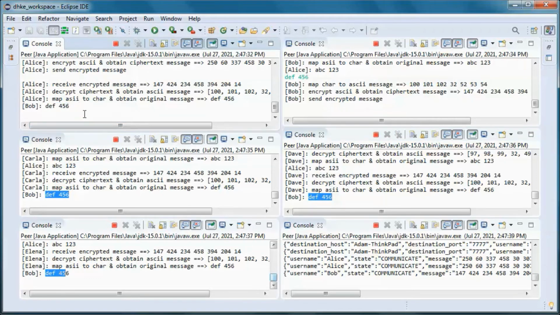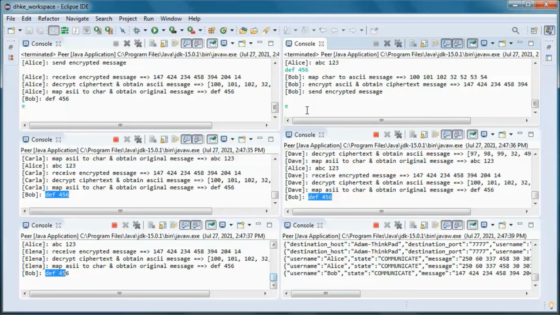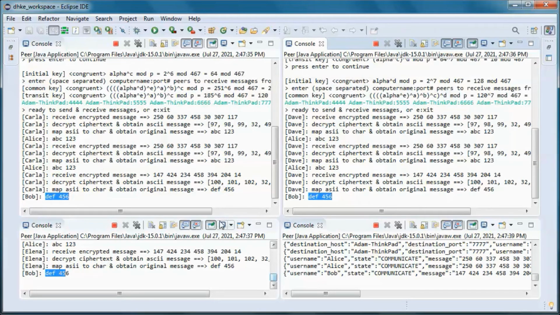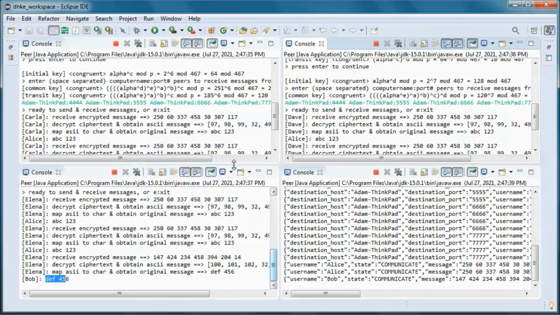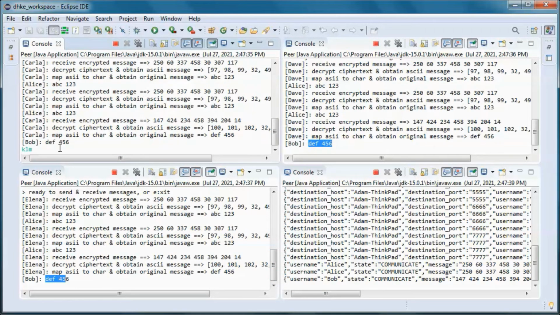And let's have those two exit. And the other three can continue the conversation.